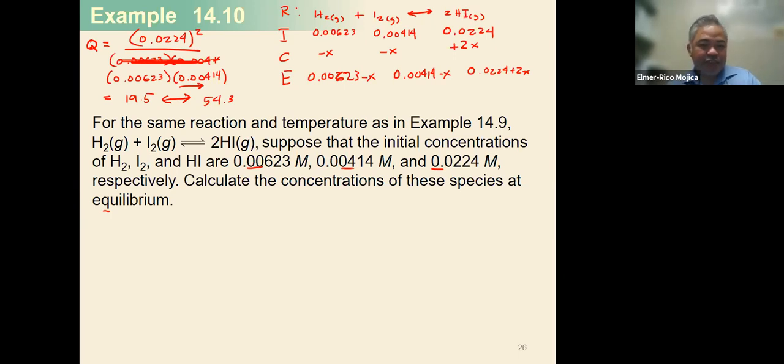So now we solve for x. This is where you have the quadratic formula. You do the same thing as that one, but you put Kc and you put here the value that you have there.